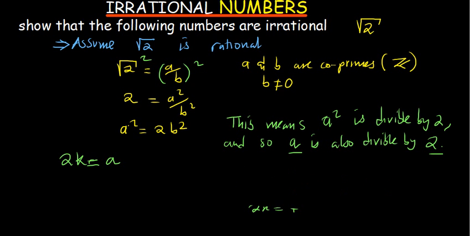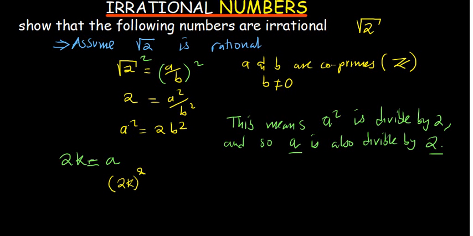All right, and then from here, we are going to get back to this point. Where there is a, I'm going to substitute 2k. So we get 2k squared, and that is going to be equal to 2b squared. And what is 2k squared?